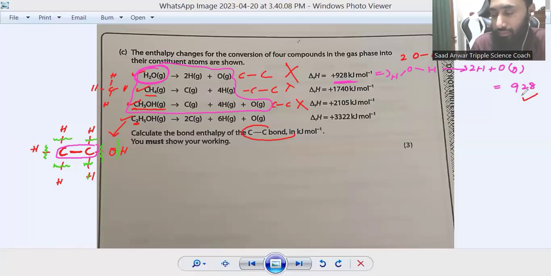And how many oxygen-hydrogen bonds does this water molecule have? You would say two, one is this and one is this.